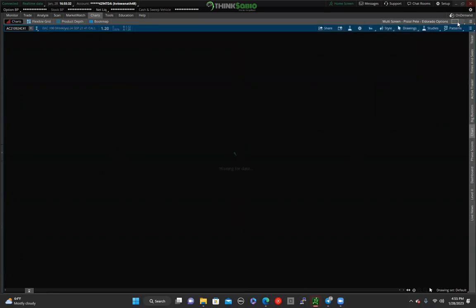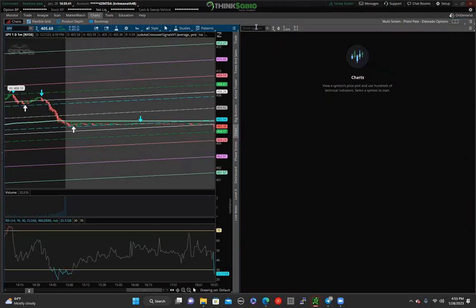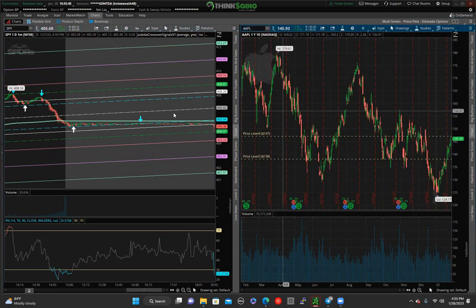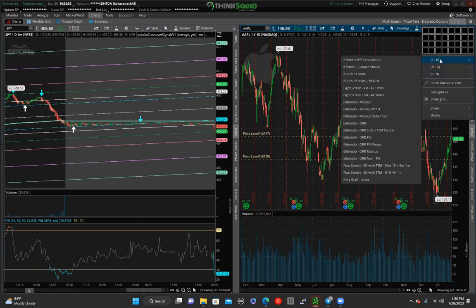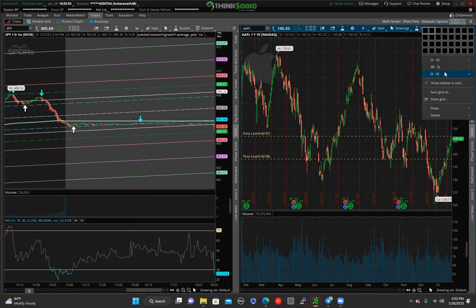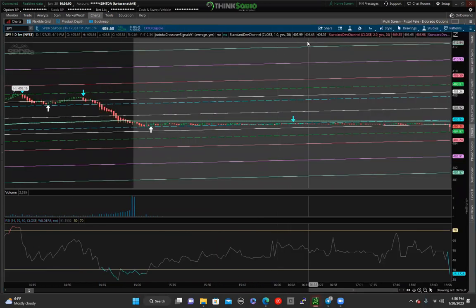You can have a single grid like this, or you can have two grids. And then if you want to look at SPY on this screen and Apple on this screen, you can look at two charts side by side. Forget what you see here. I have some crazy screens here, but you just need one screen. That's all you need.